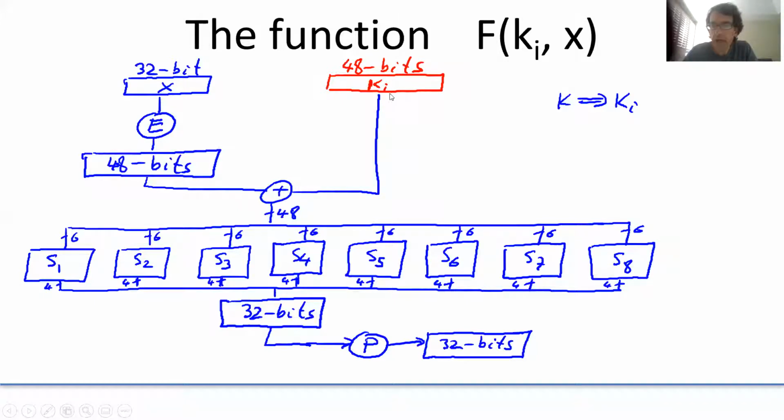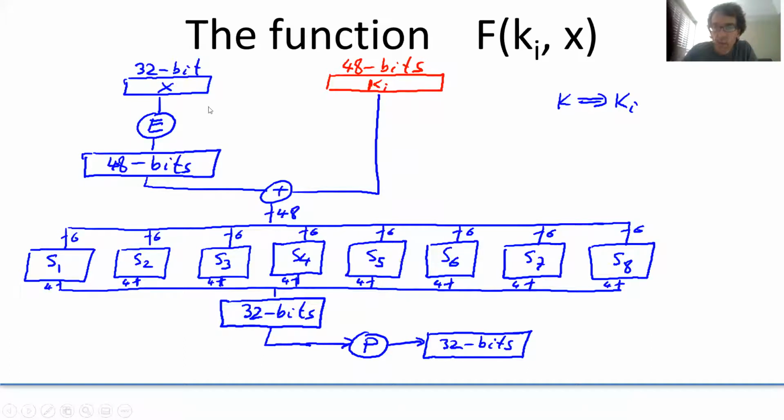And that's the only way the key comes in. It is basically like a one-time pad, an input pad, right? That is also because the round function is a fixed computation.